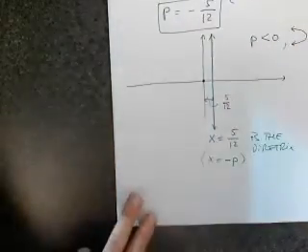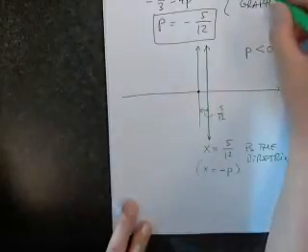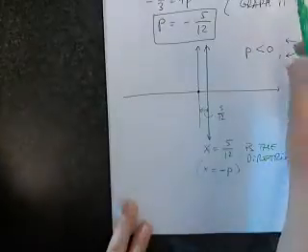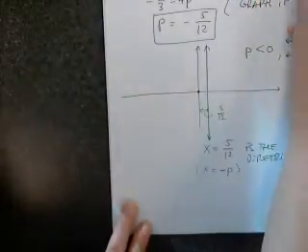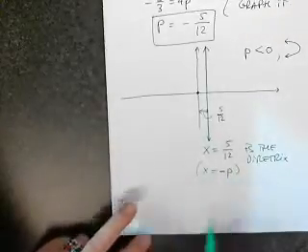So from the list, I determine the directrix. Good, so we have that. The directrix is x equals negative p.